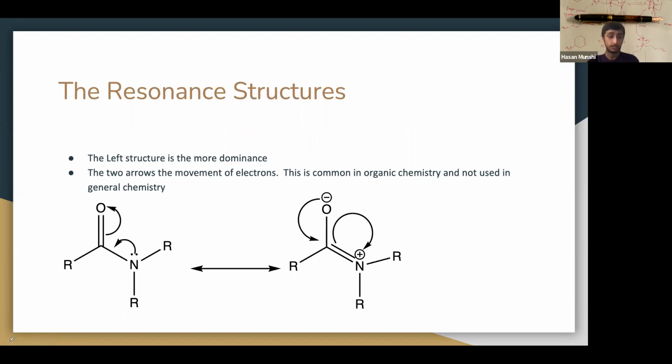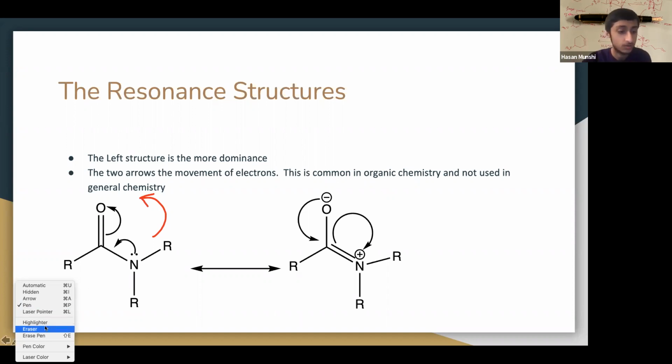But generally what this means is the electrons move. A two-headed arrow, like this, means two electrons, while a one-headed arrow means one electron. So these are called curly arrows because they curl. Wow, organic chemists in general are so funny.